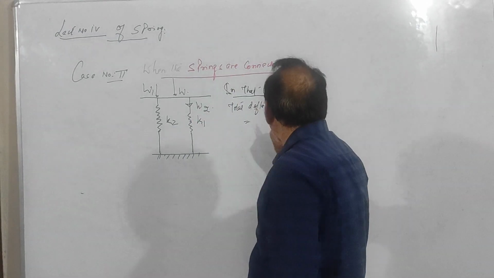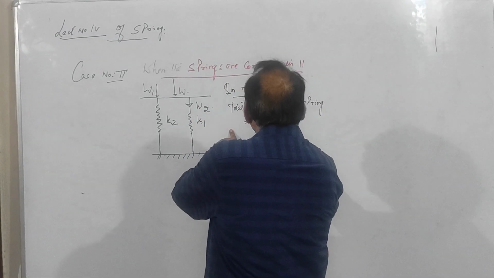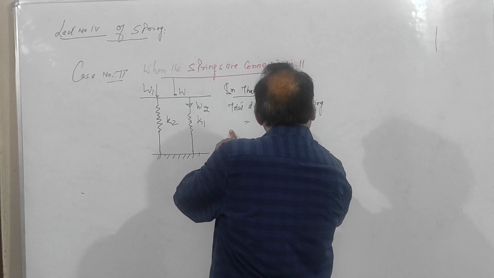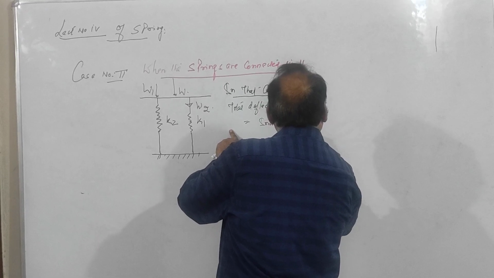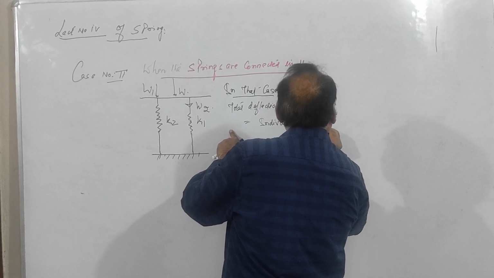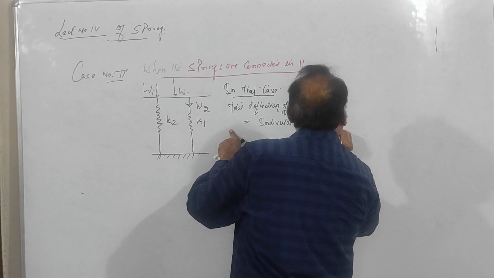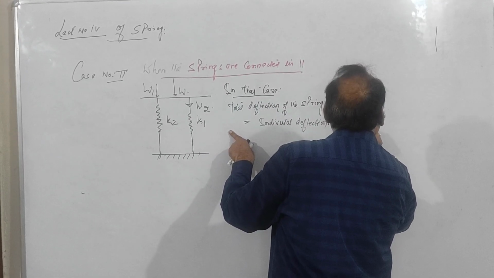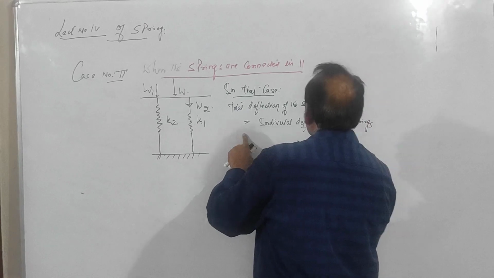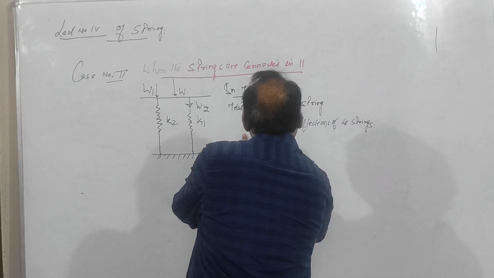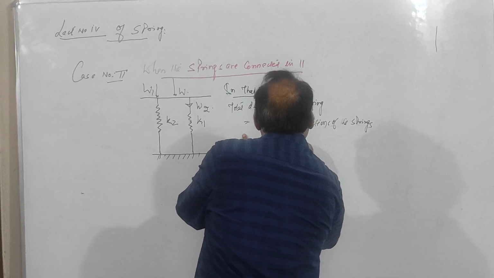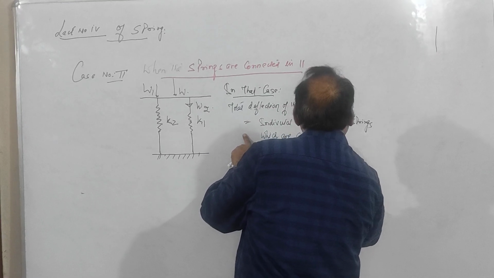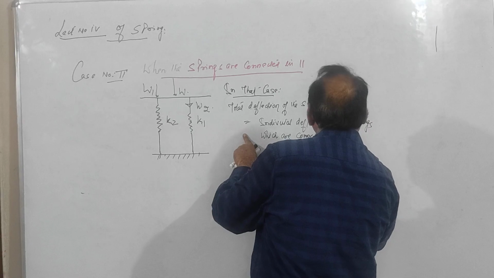सो टोटल डिफ्लेक्शन ऑफ द स्प्रिंग इज इक्वल टू द इंडिविजुअल डिफ्लेक्शन ऑफ द स्प्रिंग्स which are connected in parallel, right?